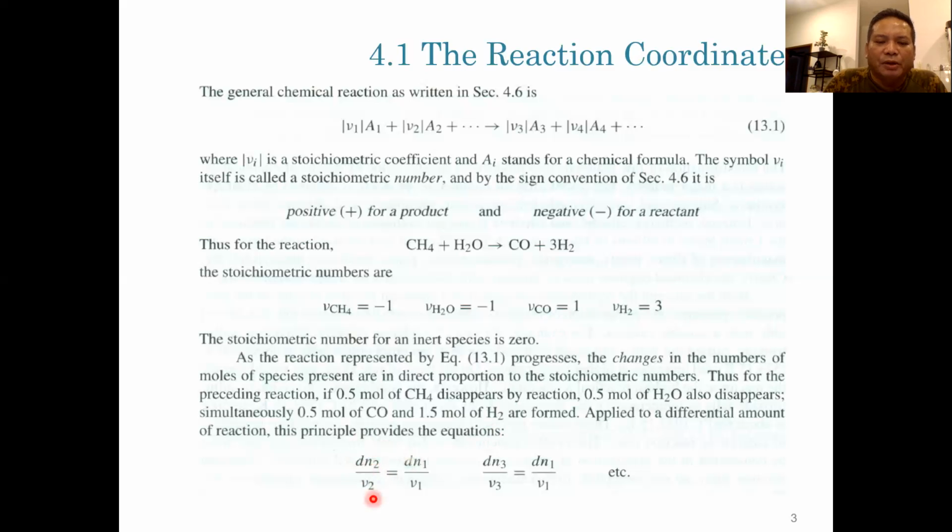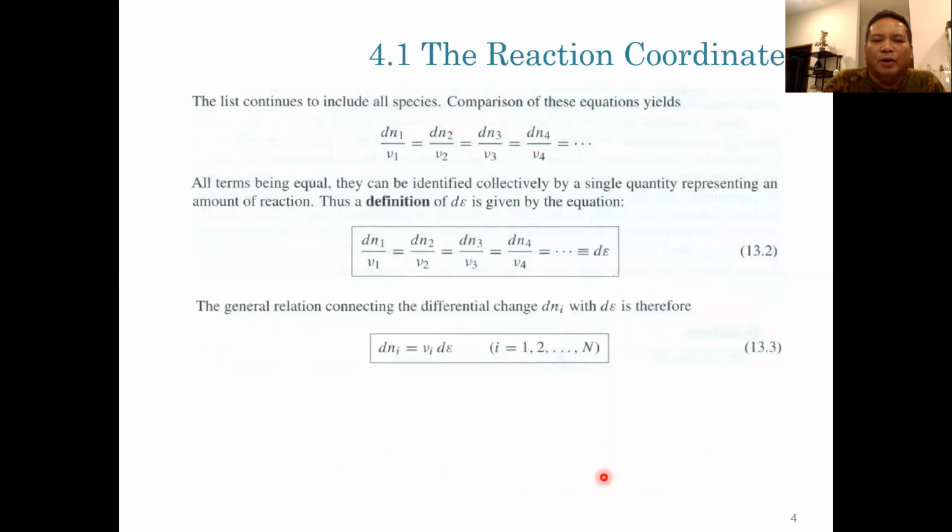Okay, so from this we can see that this ratio, the change in number of moles to the stoichiometric number, is the same for both the reactants and the products. And this ratio, we call it d epsilon. What is d epsilon?